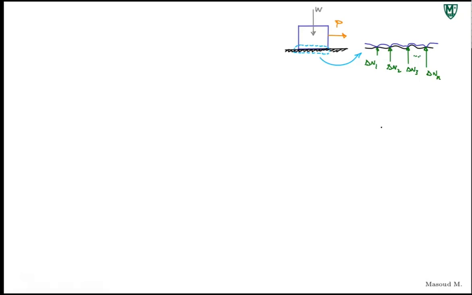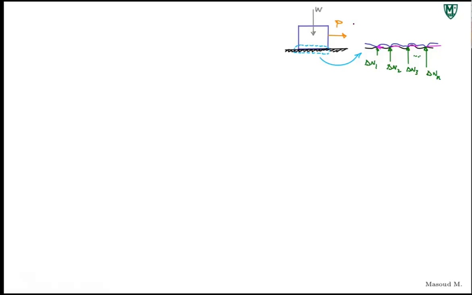And at any contact point, the friction is trying to oppose this motion. So let's also put those here. Let's say this is friction, this is friction, this is friction, this is friction. That's what it does.